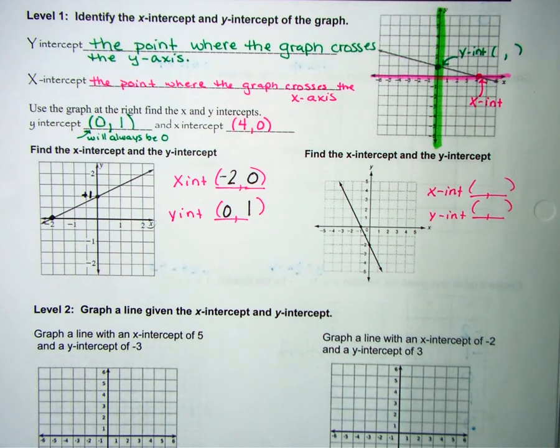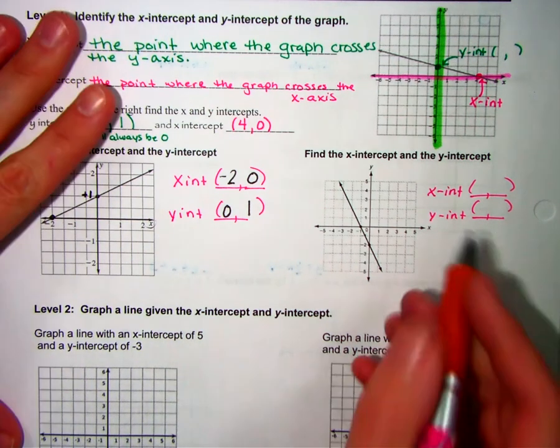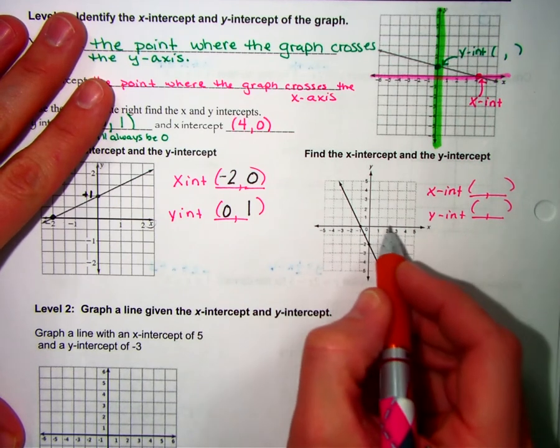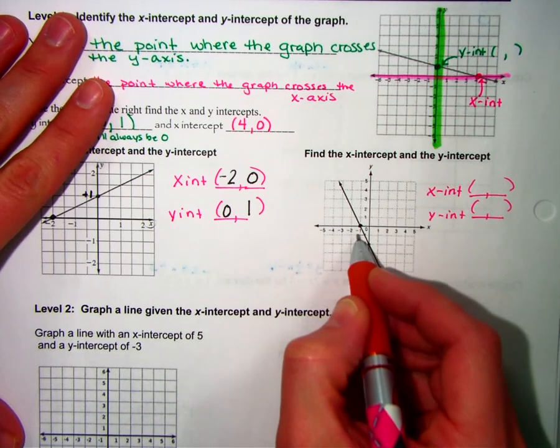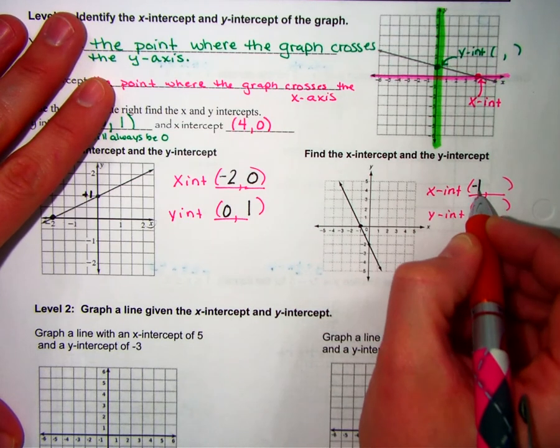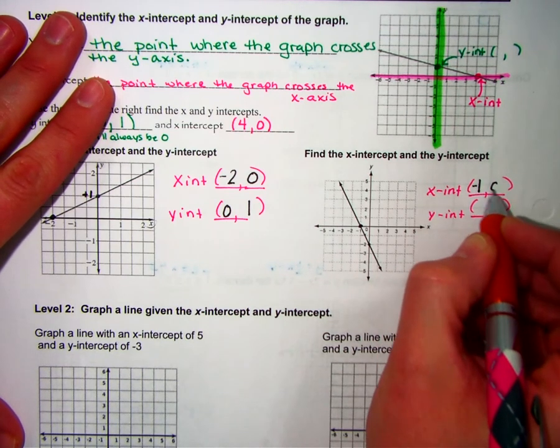One more time. I'm going to slide along the x-axis until I hit the line. I'm going to hit the line here at -1. So the -1 goes in the x spot. 0 goes in the other spot.